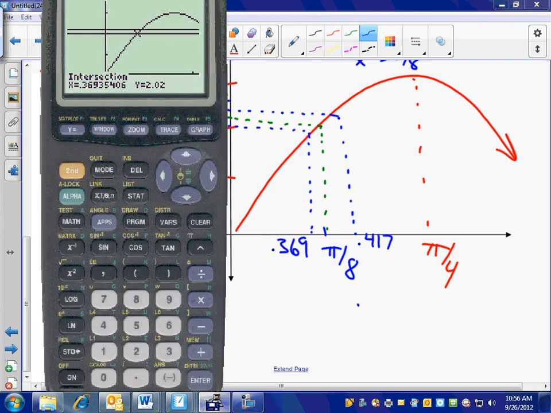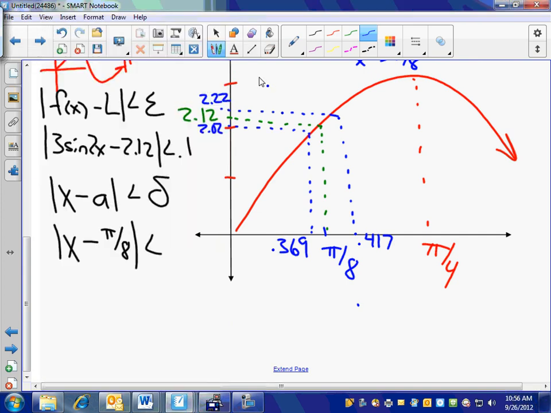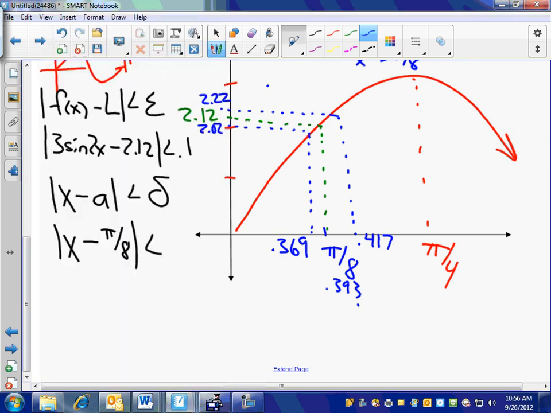So the question is, what is my distance from pi over 8? Well, if you take pi and divide it by 8, you get 0.393. So how far are each of these from that? Well, 0.417 minus 0.393 is 0.024.